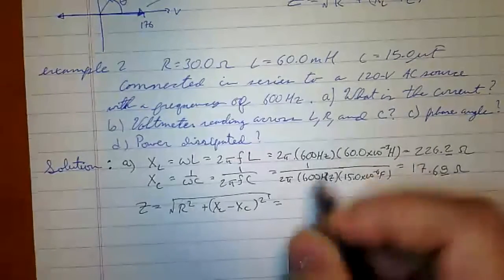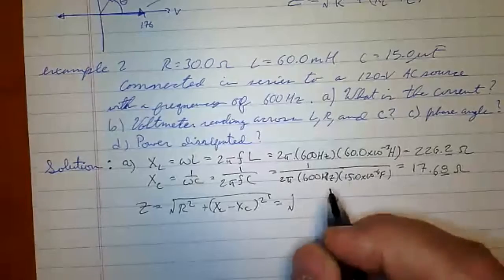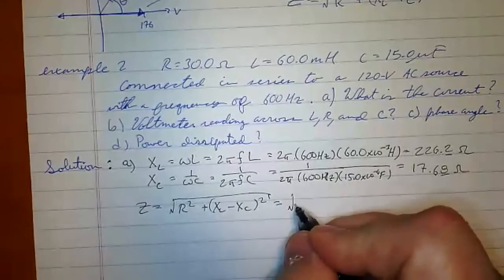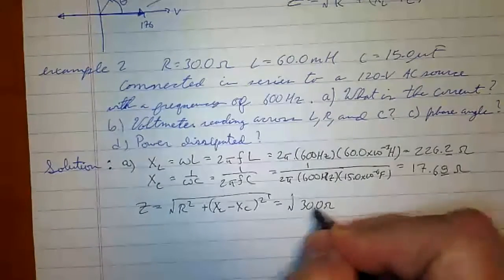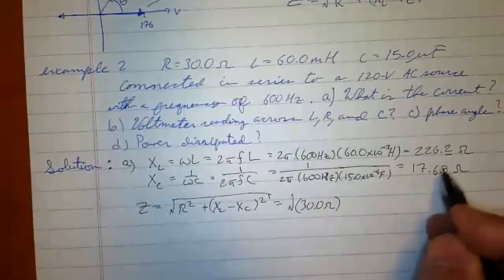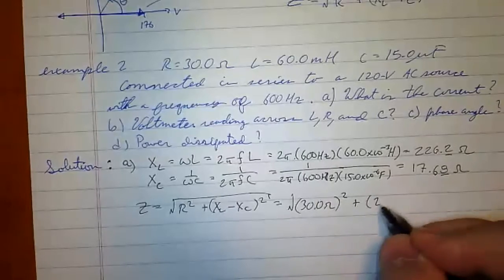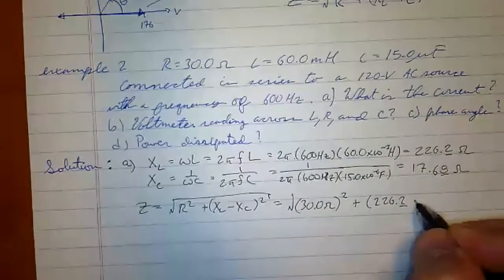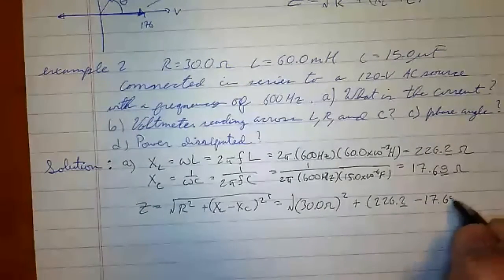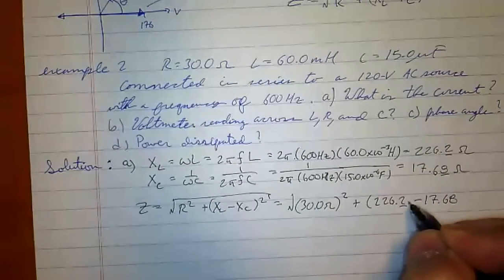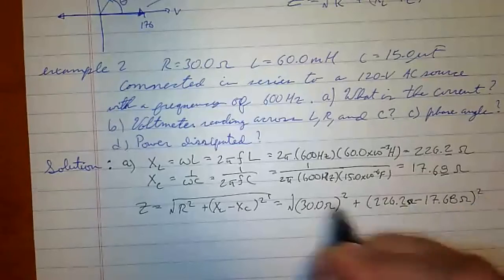In this case, the R we found was 30.0 ohms, so that's a little more effective than the capacitor. I'm going to square that, plus 226.2 minus 17.68, both of these are ohms, and that's going to be squared.